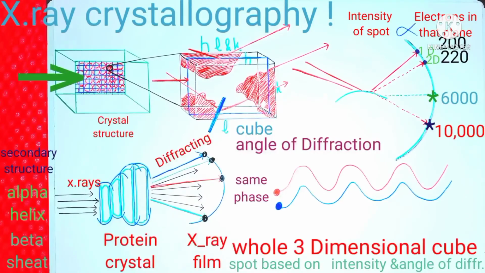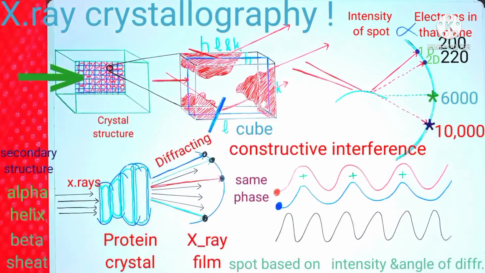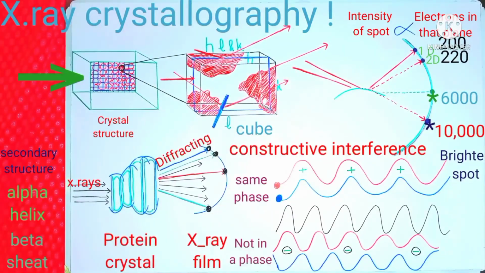If both of them are in phase, the total effect is constructive. It is called constructive interference, which is going to enlarge the whole wave amplitude and give us a brighter spot, a brighter light here. Now if it is coming from two different zones, two different regions, and those rays are not in phase but out of phase, they strike against each other and cancel each other.